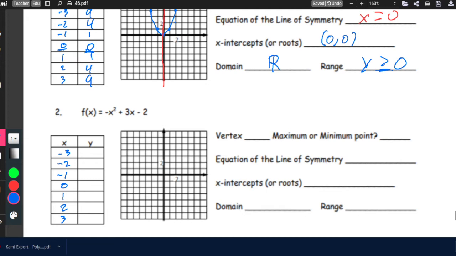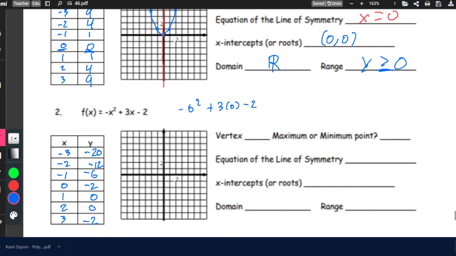So then we're just going to plug these values of x into our function. If we plug 0 in, we get 0 squared plus 3 times 0 minus 2. We get just minus 2 out. I trust you all can use a calculator, so I'm just going to fill out the table for us. So we have minus 20, minus 12, minus 6, minus 2, and then 0, 0, and then minus 2 again.